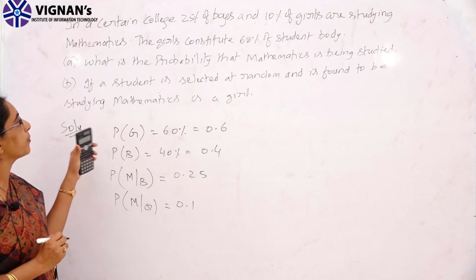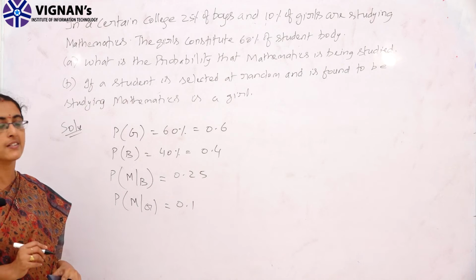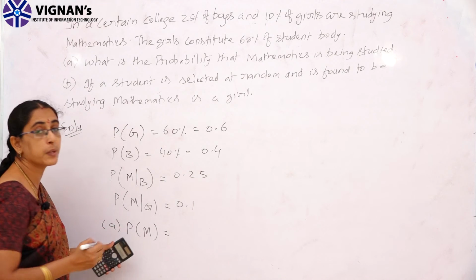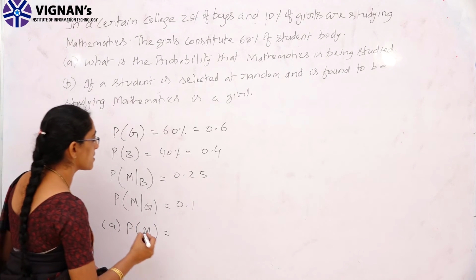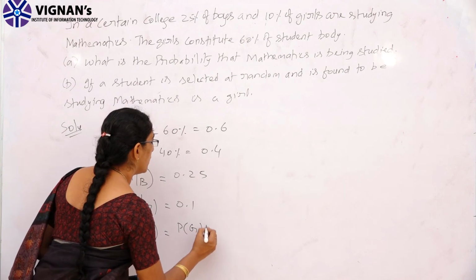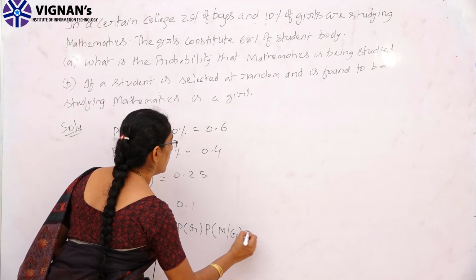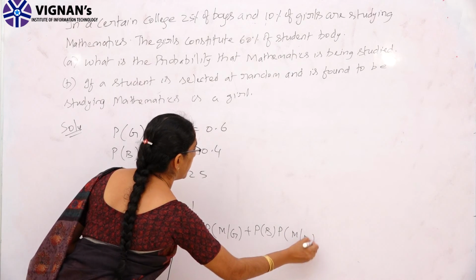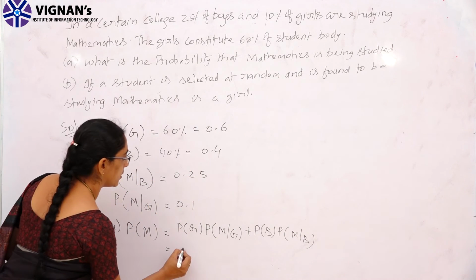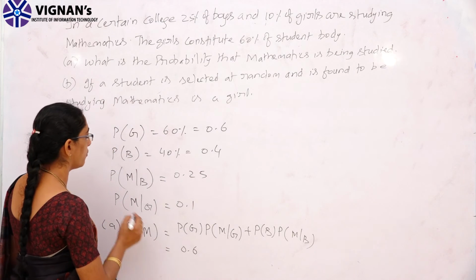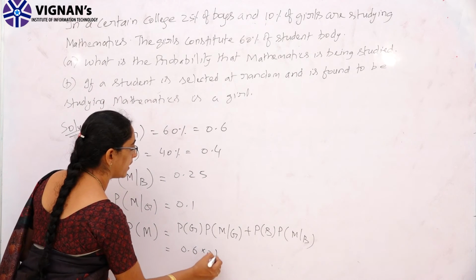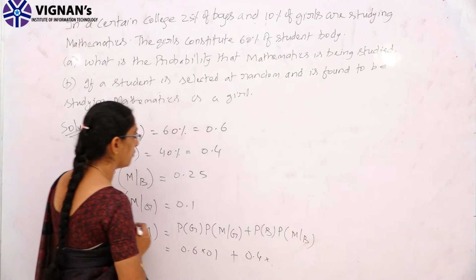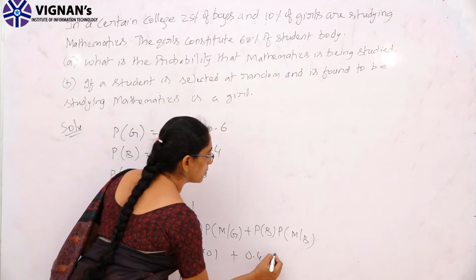Now, we have to find the probability that mathematics is being studied. So, we have to find probability of M. Here M represents the mathematics subject. So, this is probability of G into probability of M given G plus probability of B into probability of M given B. So, probability of G is 0.6 into probability of M given G is 0.1 plus probability of B is 0.4 into probability of M given B is 0.25.